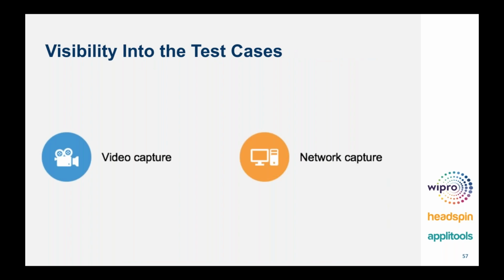The second one is getting visibility. Today, in conventional testing, when we run our regression test suites, which are basically functional tests, in the end you get a pass or a fail, and there are logs. So what if there was a way to do the functional tests and not only get the pass or fail, but also capture a video and network data?